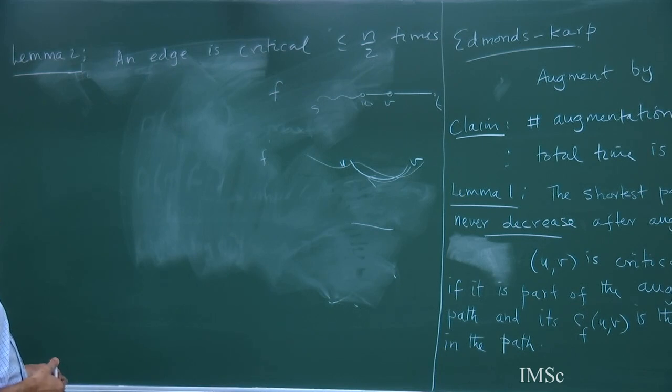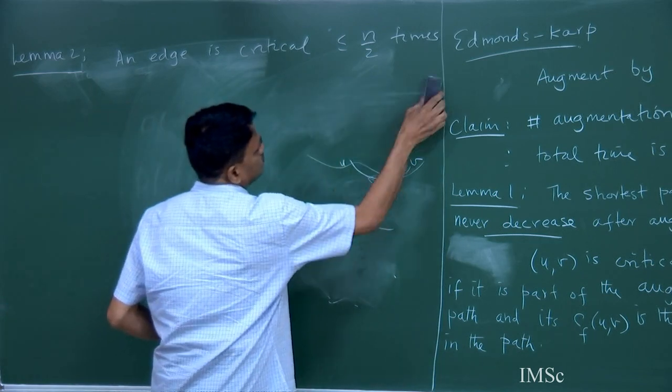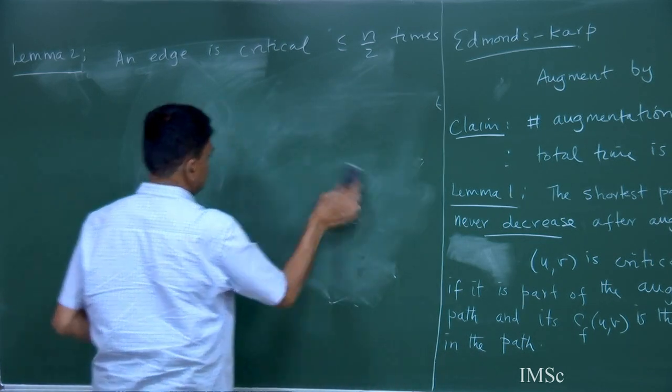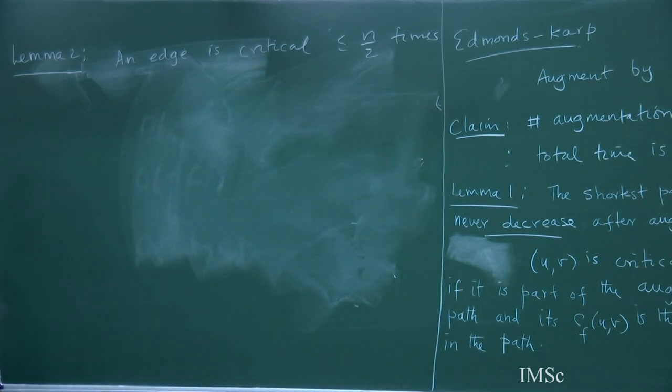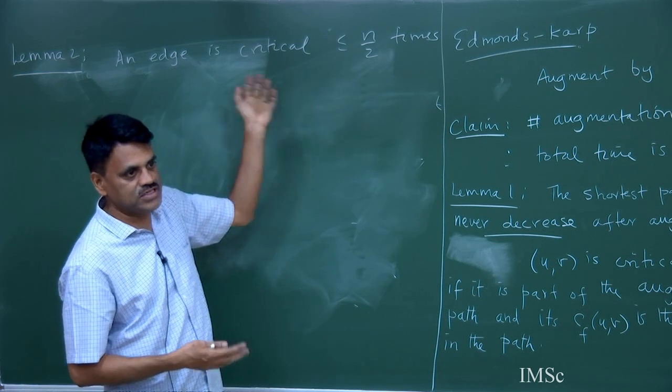Now do you see the claim from lemma 2? This is the claim we want to show. Because every augmentation has some critical edge, right? So you associate with every augmentation some critical edge. Now I am claiming that an edge can be critical at most n by 2 times, the same edge.